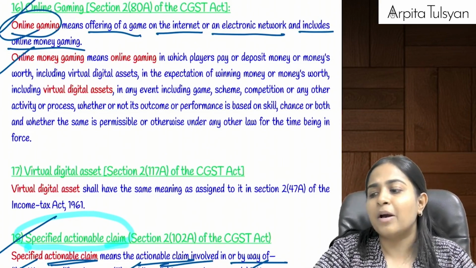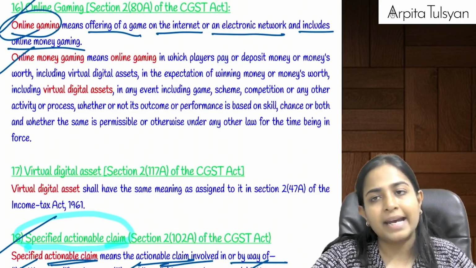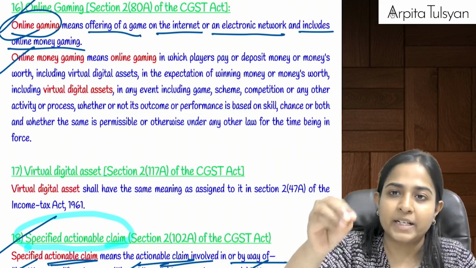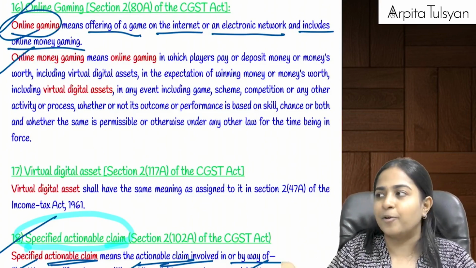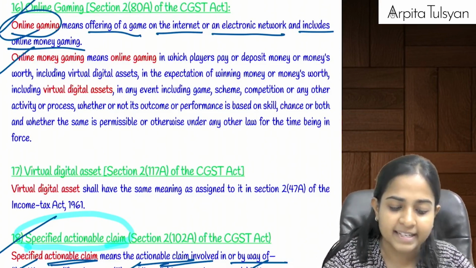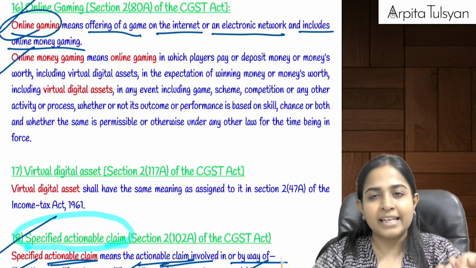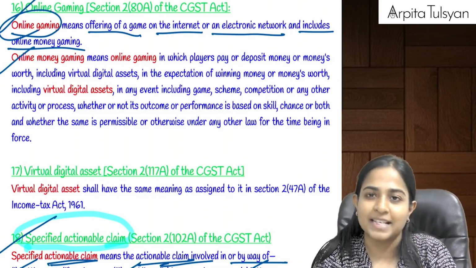Ma'am, what do you mean by online money gaming? It is again an online game in which you deposit some money. In Dream 11, you do a recharge of 40 rupees, 50 rupees, 100 rupees, for example for cricket. You make a team there and then you play, right? And then there is a possibility that you are going to win some amount.